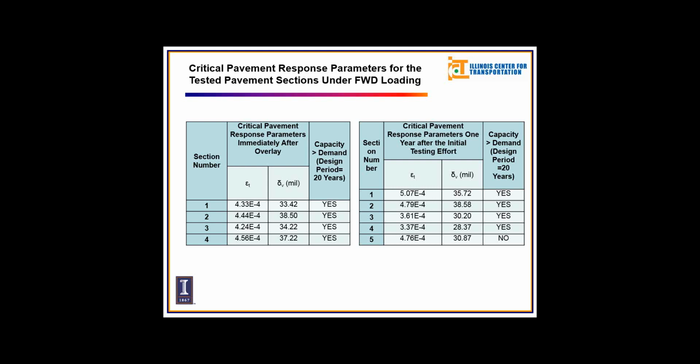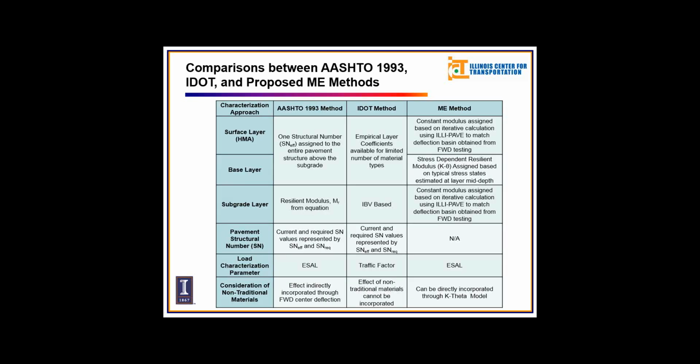The overlay requirement was satisfied. After one year of the initial testing effort, we went out and again did FWD testing, and it was seen that the pavement was also doing good. And remember section 5, it never received any kind of overlay. So according to the ME approach 2, it was seen that the capacity was not greater than the demand for a design period of 20 years.